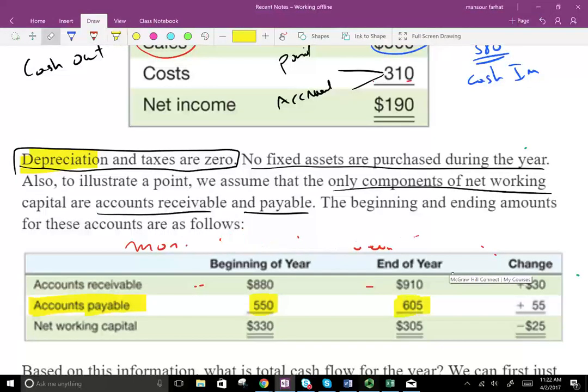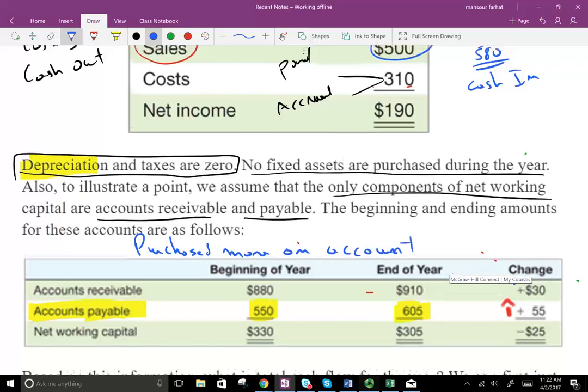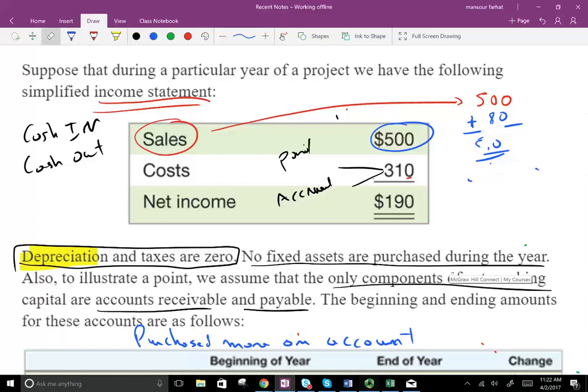What does that mean? It means our accounts payable simply went up by $55. What does it mean that your accounts payable went up? It means you purchased more on account. What does that mean? It means you are not using cash. Well, what does that mean from our analysis?